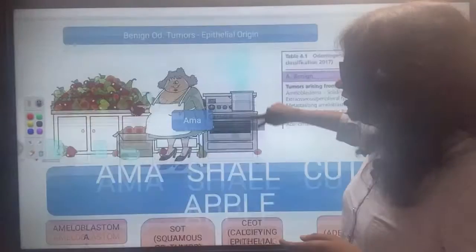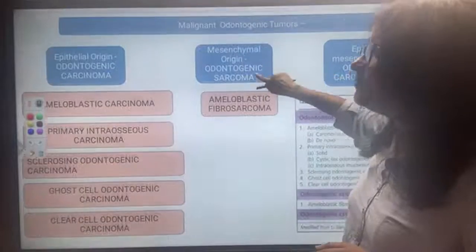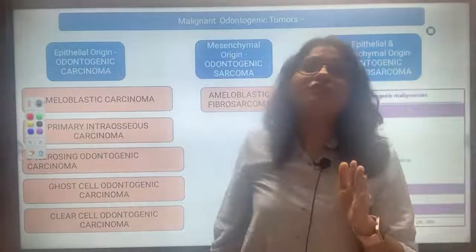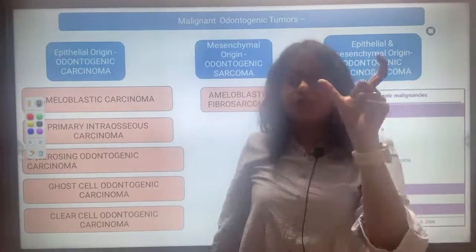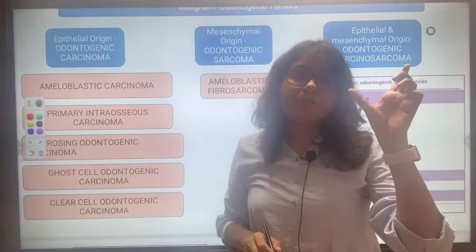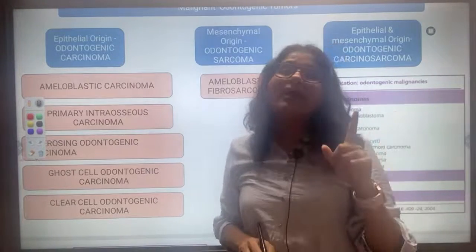Now let's see the malignant part, okay? For malignant also we will follow the same thing: tumors coming from epithelium, tumors coming from connective tissue, and tumors coming from both epithelium and connective tissue.